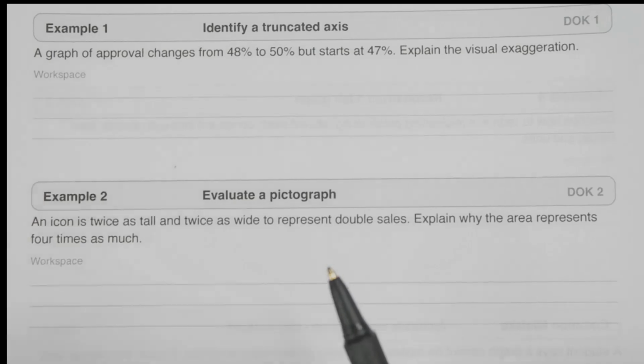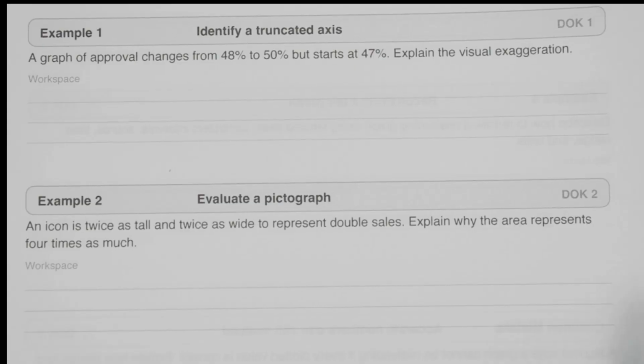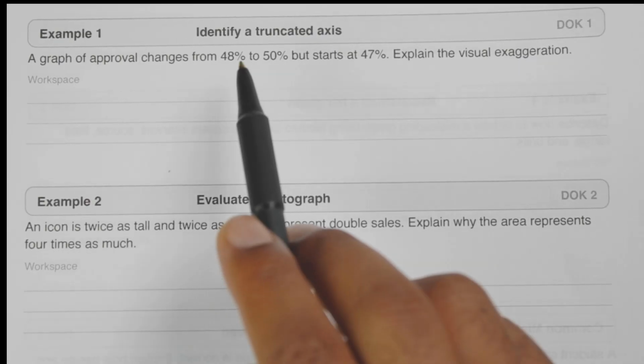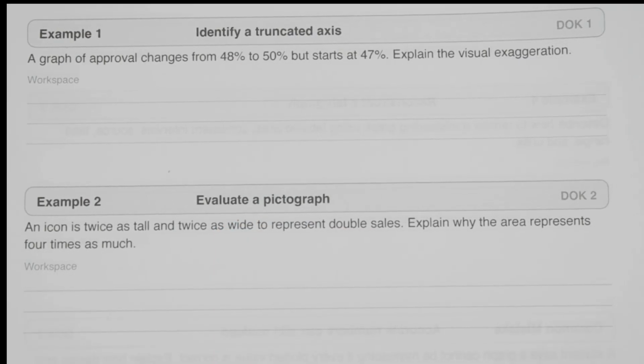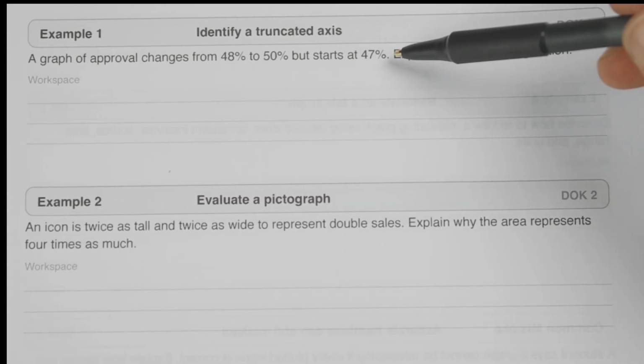All right, so example number one, identifying a truncated axis. Okay, that's one of those terms. Suppose a graph shows approval changes from 48% to 50%. That's an increase of 2 percentage points. But suppose that the vertical axis begins at 47% instead of 0%.